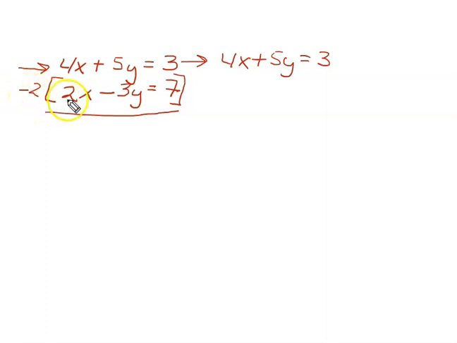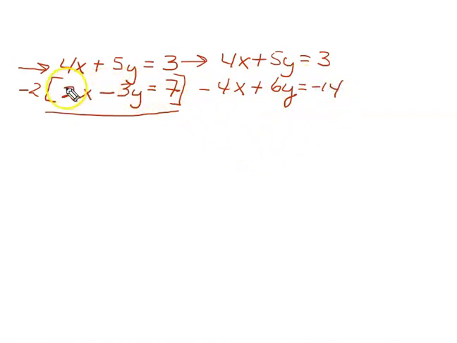So now, negative 2 times this term gives me a negative 4x, and that's what I was looking for. Now, negative 2 times the negative 3y gives me a positive 6y. And negative 2 times 7 is a negative 14.